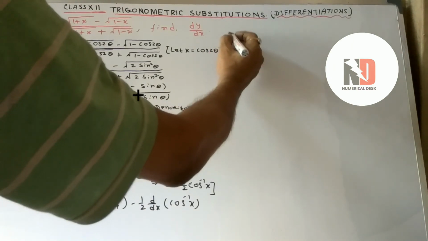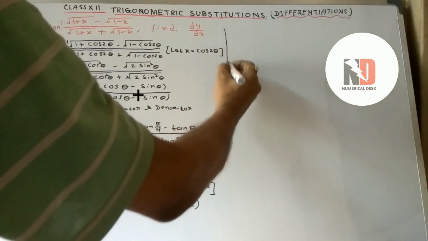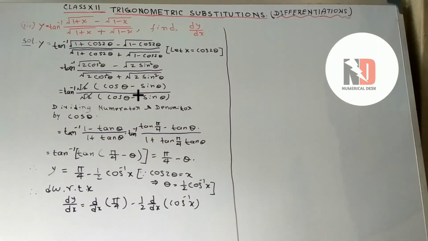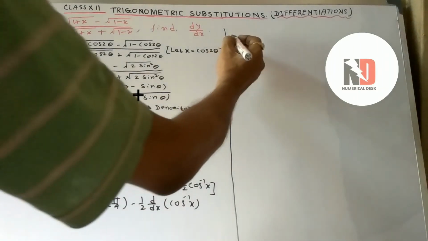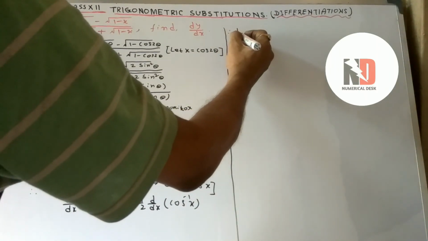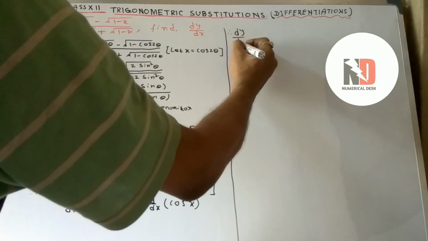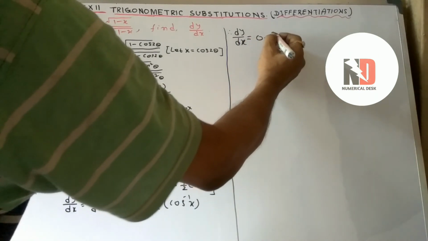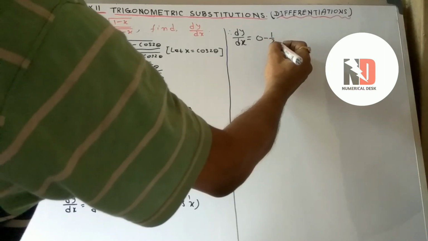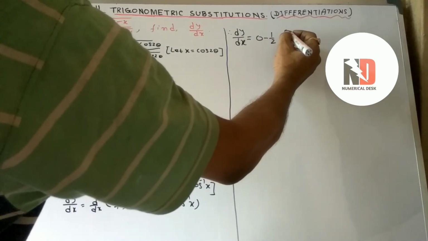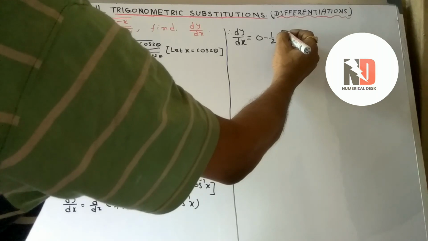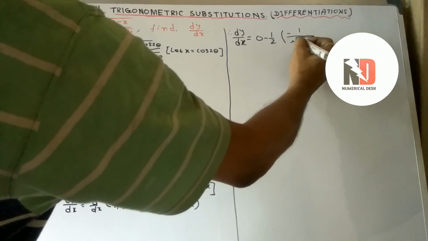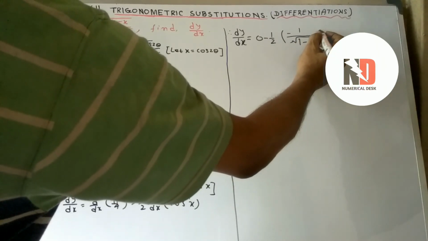Let's continue the sum here, otherwise it will be very clumsy if I do it on the following line on the board. So it is 0, because the derivative of pi by 4 is 0, minus half by root over 1 minus x squared.